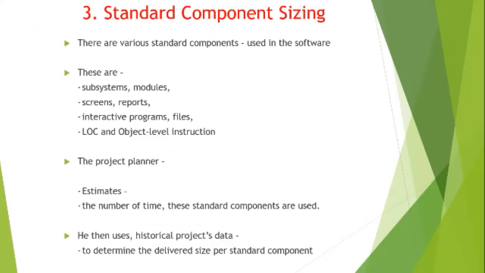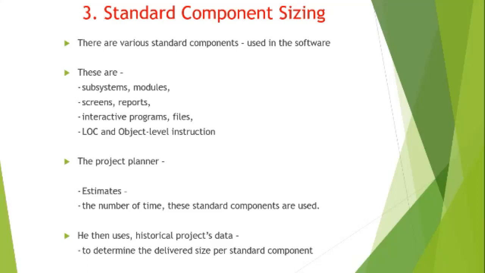Third one is standard component sizing. There are various standard components used in the software. These are subsystems, modules, screens, reports, interactive programs, files, LOC, and object level instructions. The project planner estimates the number of times these standard components are used.